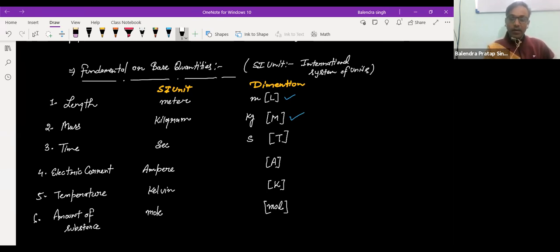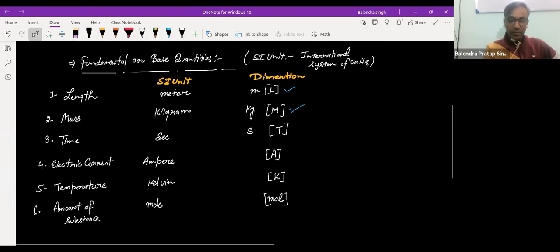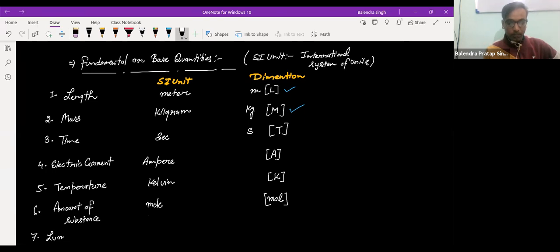And the next one, the 7th one, the last one, is luminous intensity.